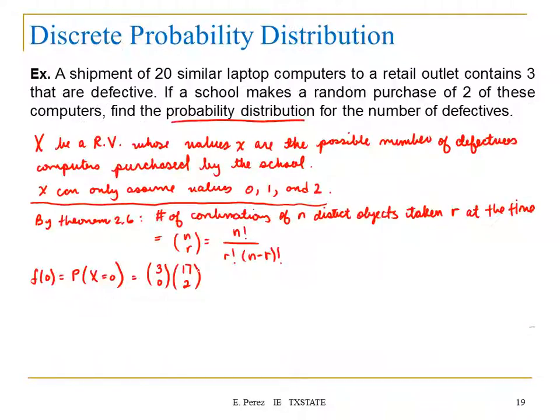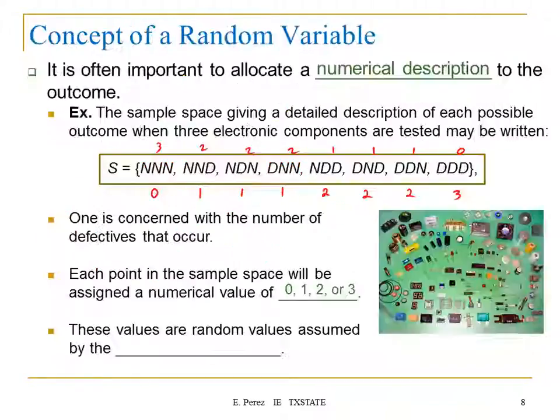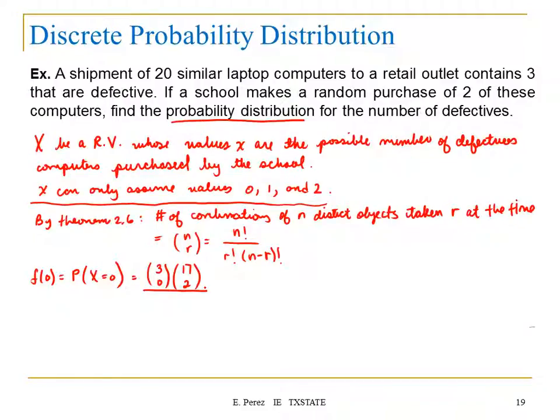Okay, so we are using the multiplication rule. We are trying to find out the number of outcomes that satisfy that condition. And that is found using the event in which you select none of them that are defective, and the event in which you select 2 from the ones that are non-defective. So that will give you the number of outcomes from the sample space that satisfy that condition.